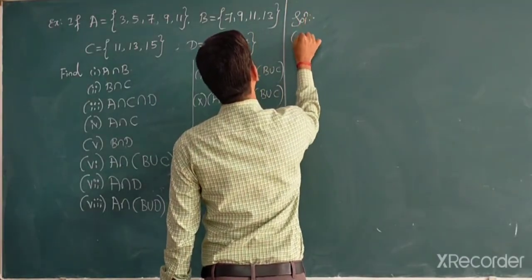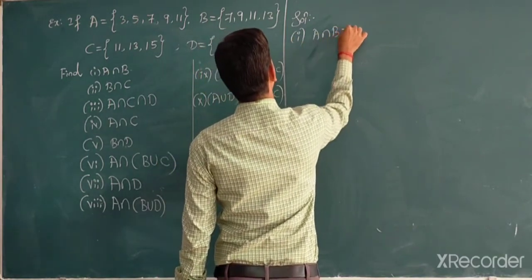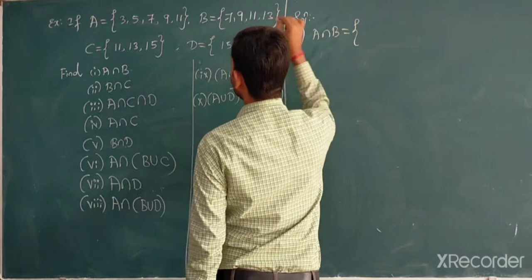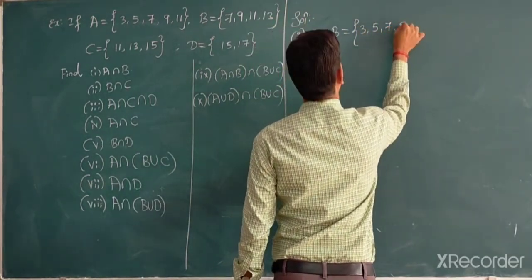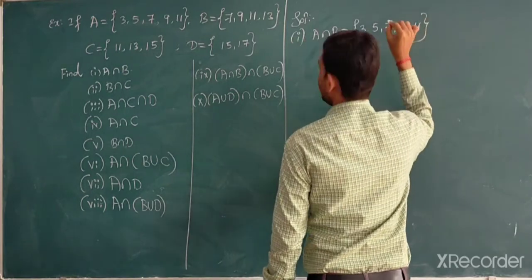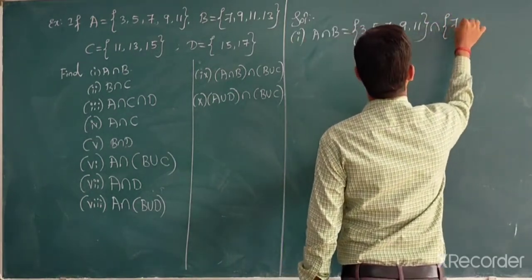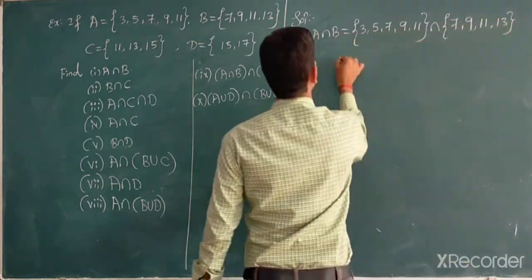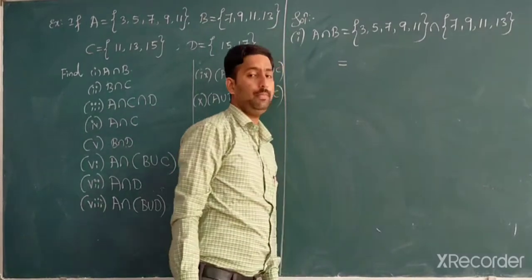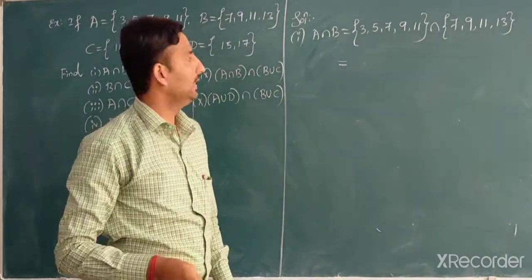Solution, first one: A intersection B is equal to, what are the values of A? {3, 5, 7, 9, 11} intersection B, {7, 9, 11, 13}, which is equal to, intersection means common elements between both the sets, correct?